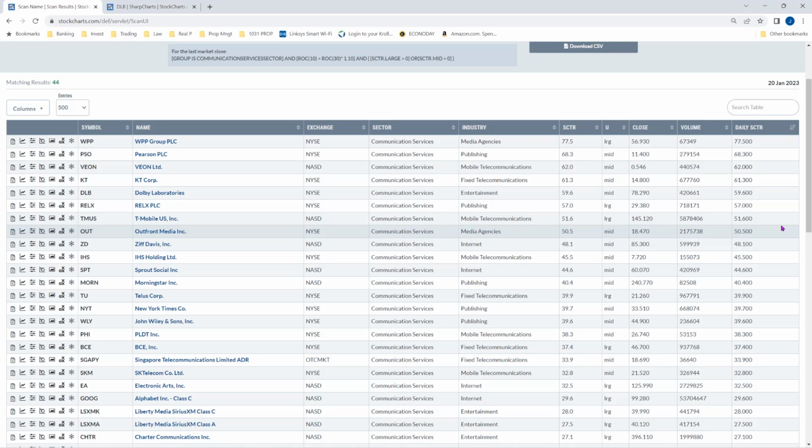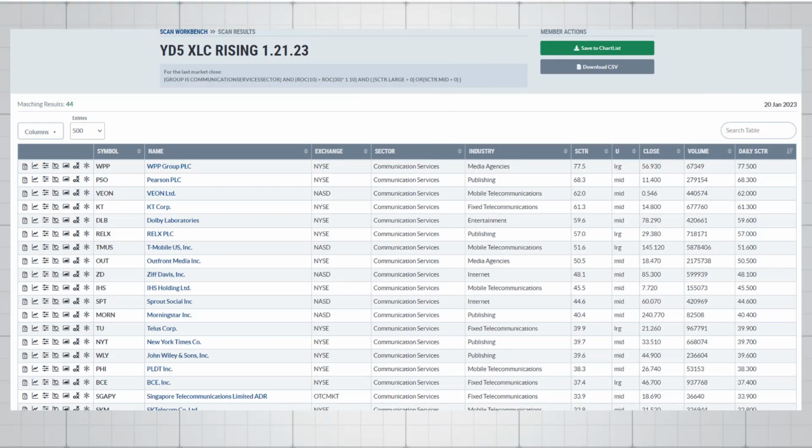I don't think people realize how important a tool it is just to click on the headings of the columns, because it lets you sort the data up or down, and it can show you who's in the category, what industry groups are more represented in your scan results. It's really extremely powerful. And all of that can be exported right to Excel and manipulated further. So super powerful stuff the folks at StockCharts are providing.